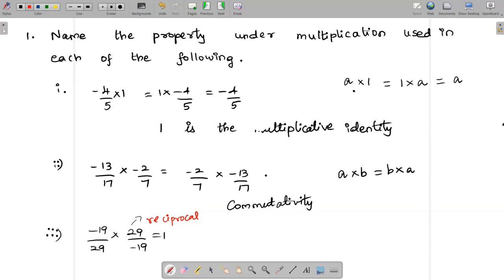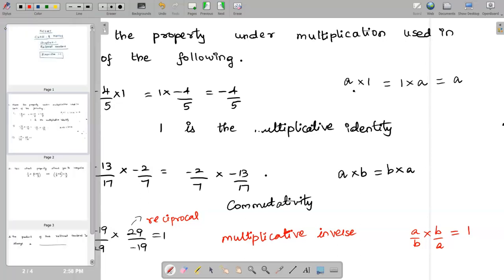So this property is the multiplicative inverse. When any rational number is multiplied with its reciprocal, the result is always 1. The reciprocal which we multiply with the original number is the multiplicative inverse.